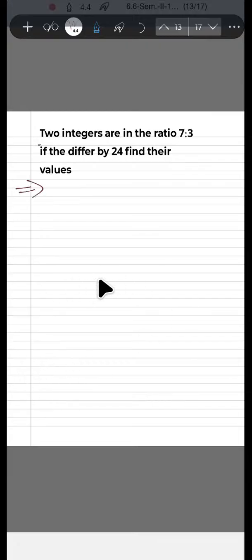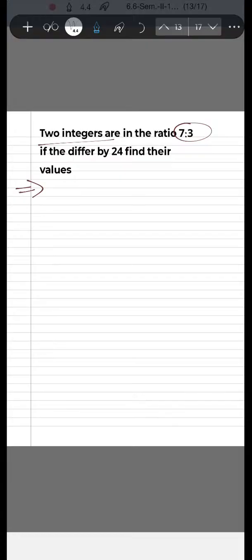The two integers are in the ratio of 7:3, and if they differ, meaning the difference, by 24, then find the values. We all know a ratio means the simplified form of a bigger number, it is a multiple of that.